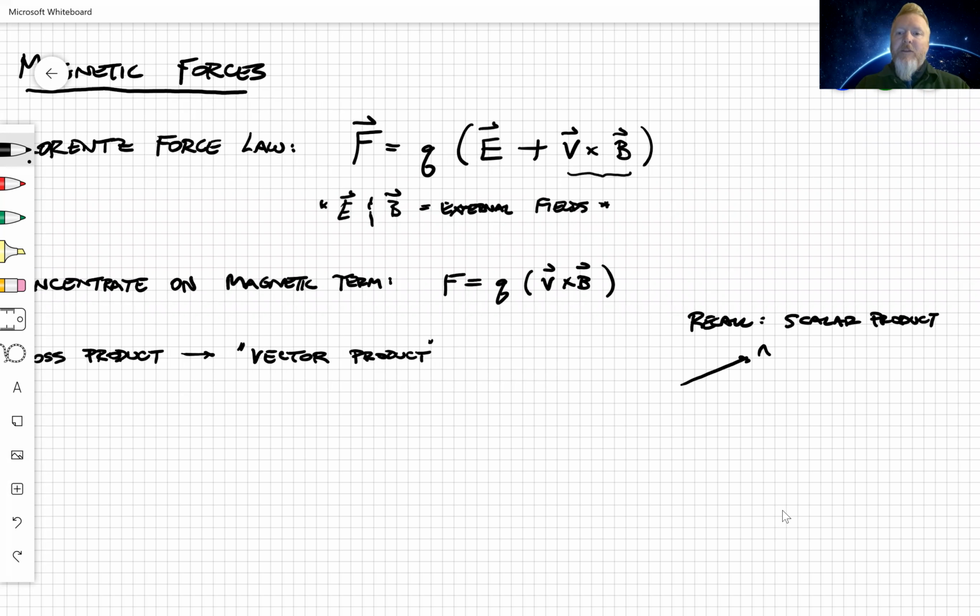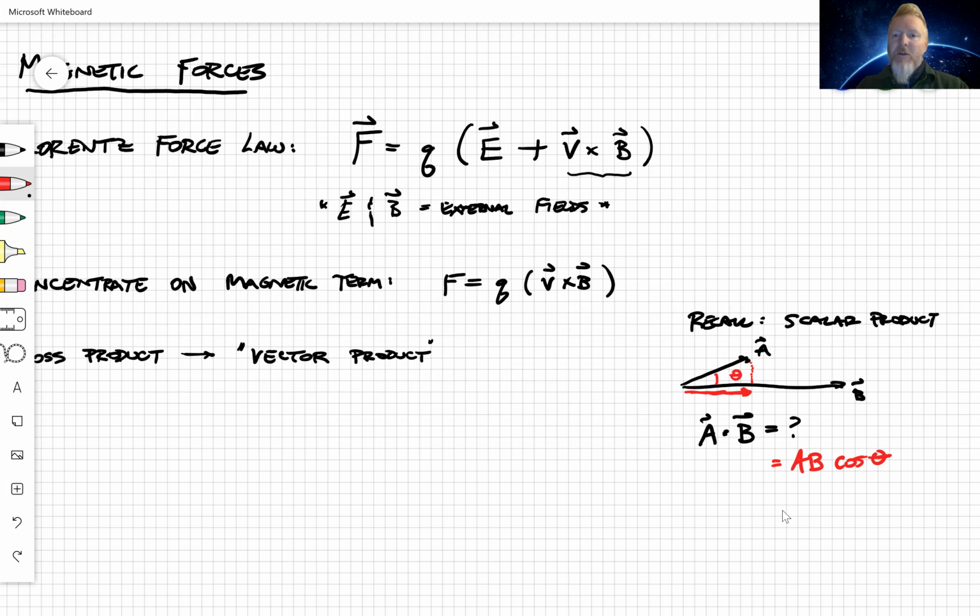So you'd have something like this, vector A, you'll have something like this, vector B, and you'd ask, what is A dot B? And you say, well, if I look at A, and I go down here and I say, oh, look, this is the projection of A onto B, right? So it's the multiplication of the projection of that vector with vector B. So it's AB times the cosine of the angle, right?